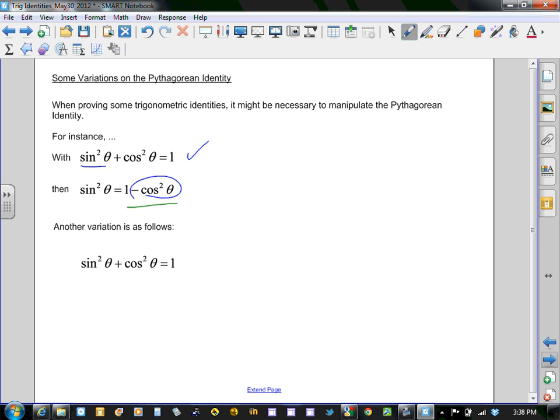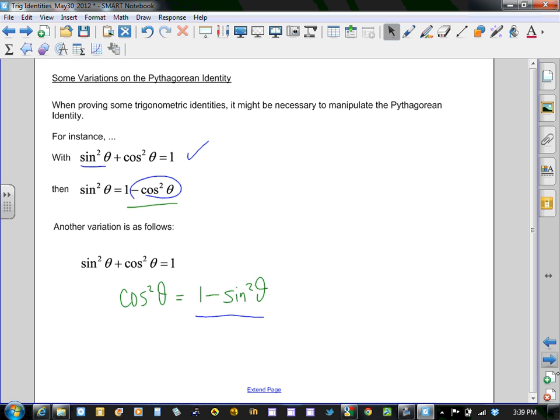The same thing exists for the identity below. We could very well isolate the cosine squared term by subtracting sine squared theta from both sides.